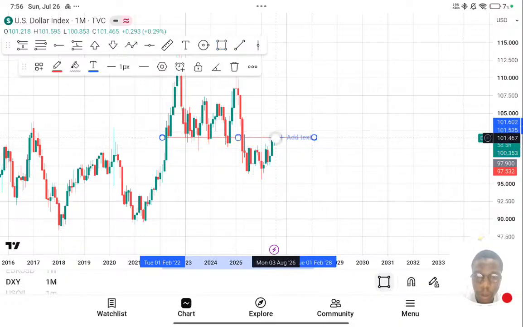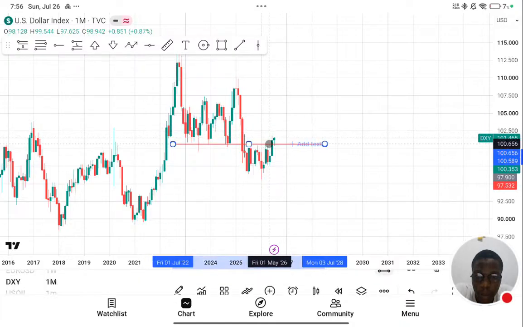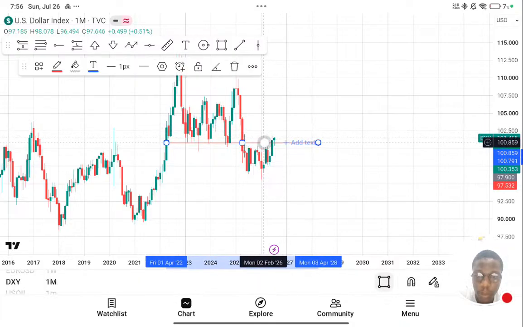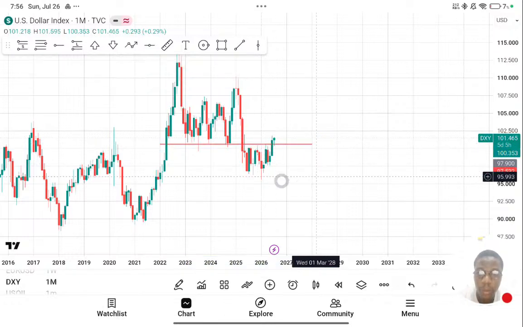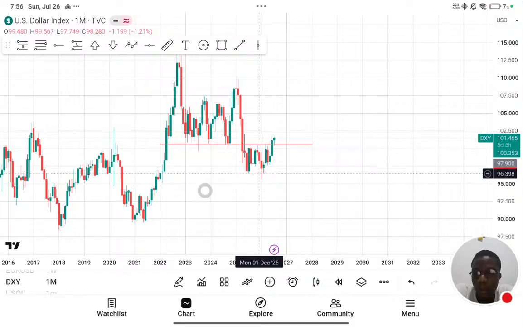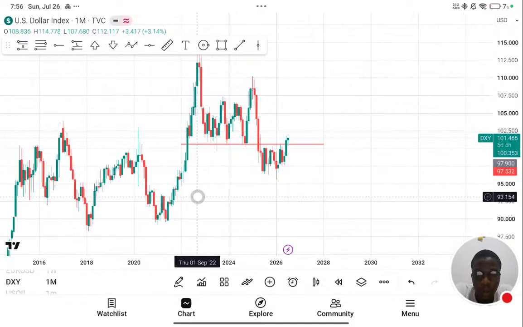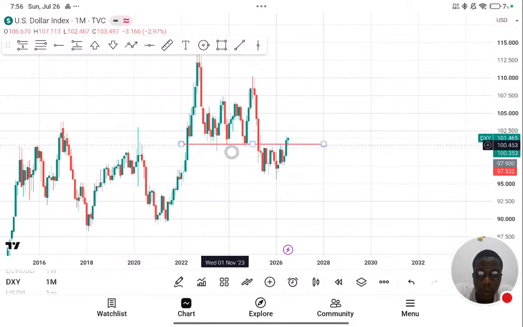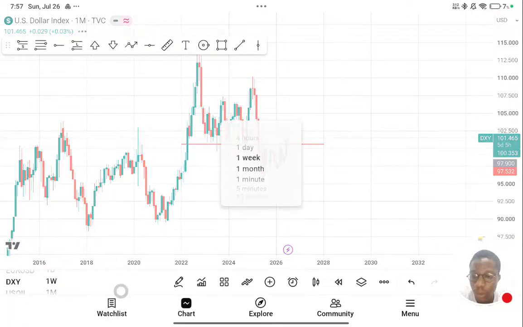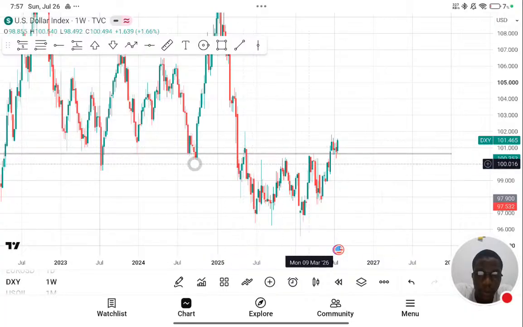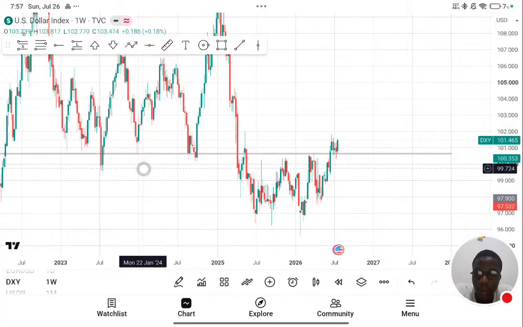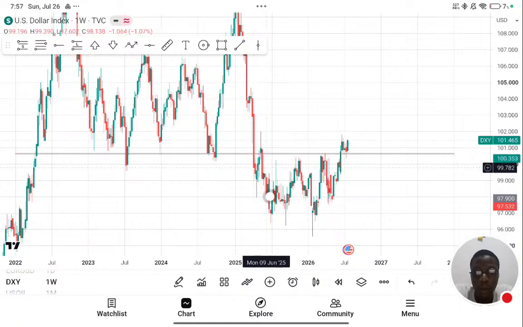But then what happened? Price broke that level, tested it, and now price is above that level again. So we'll go down to the weekly time frame, and we are seeing that this was supposed to be a major resistance, because this was a support before it got broken.